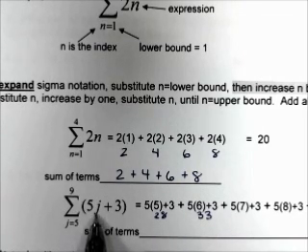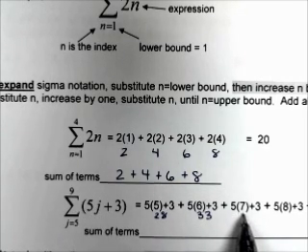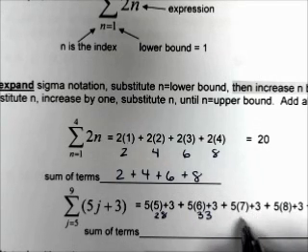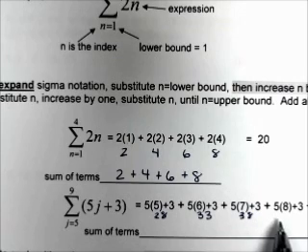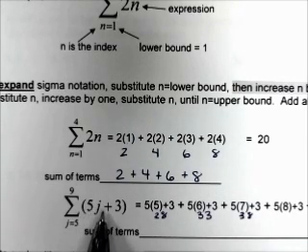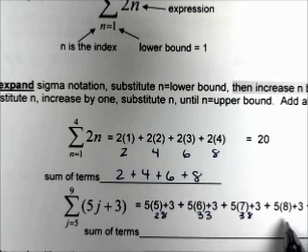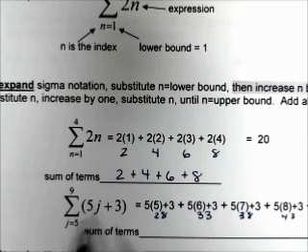Substitute 7 in for j. 5 times 7 is 35 plus 3 is 38. Substitute, what did I leave off with? 8. 5 times 8 is 40 plus 3 is 43. And substituting 9 in for j, 5 times 9 is 45 plus 3 is 48.